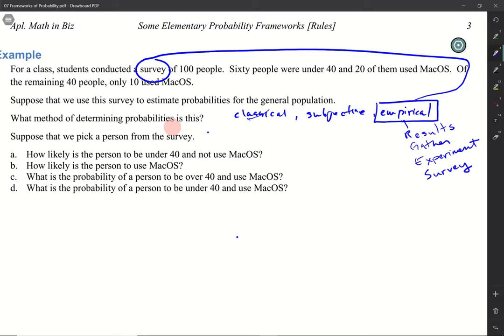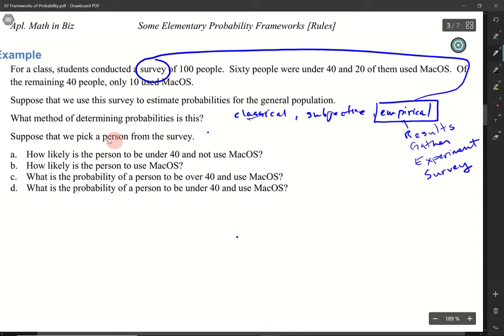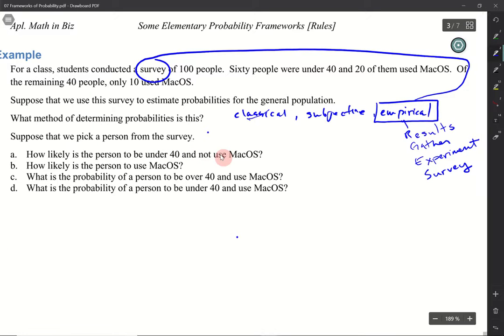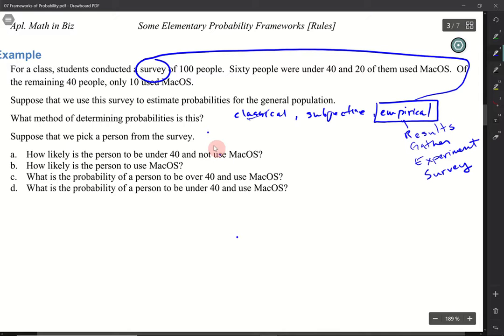Okay? So suppose we pick someone from the survey. How likely is this person to be under 40 and not use MacOS? Oh, sorry, I think this one may be actually the same thing as A.